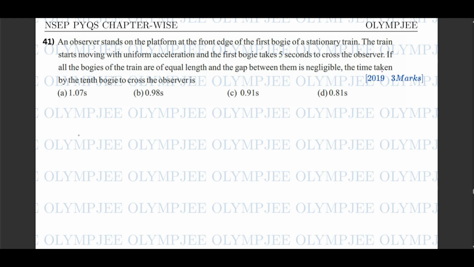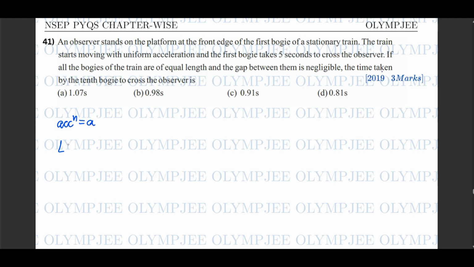Okay, so we are given that the train is moving with uniform acceleration. So assume the acceleration to be a, and the train starts moving with uniform acceleration and the first bogie takes 5 seconds to cross the observer.